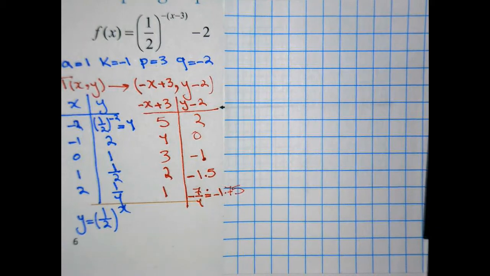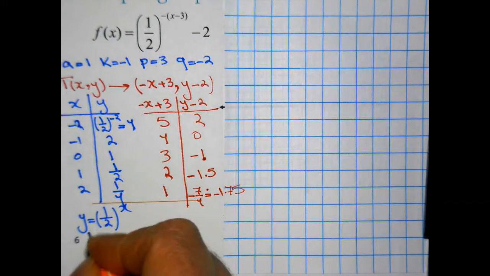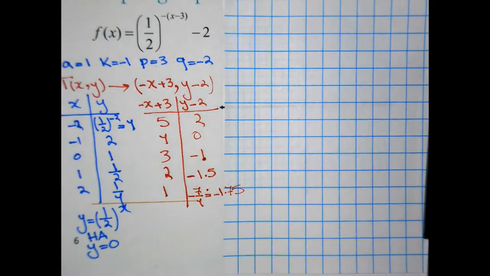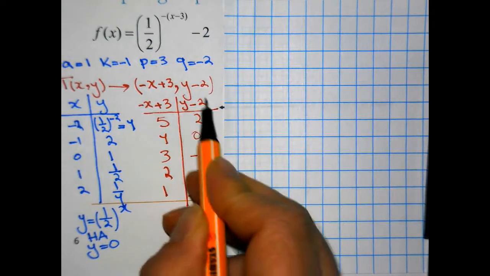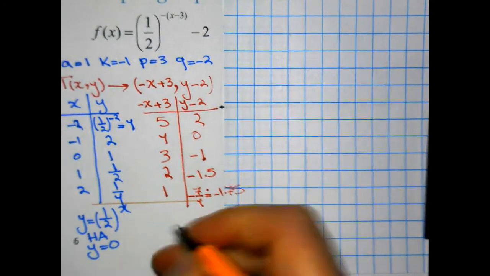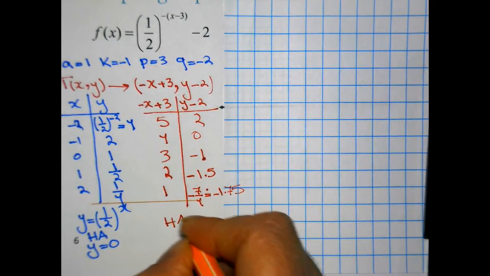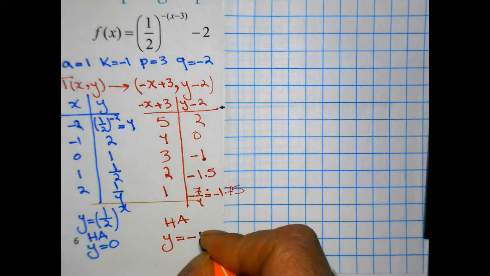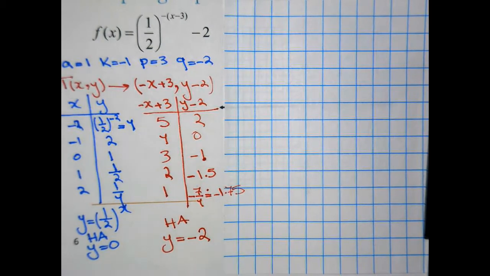Now again, horizontal asymptote, y equals 0. We are going to put this here where the transformation for y is, so our horizontal asymptote will be at y equals negative 2.